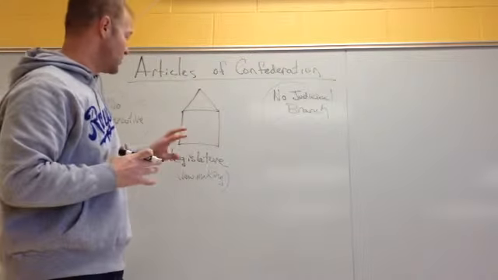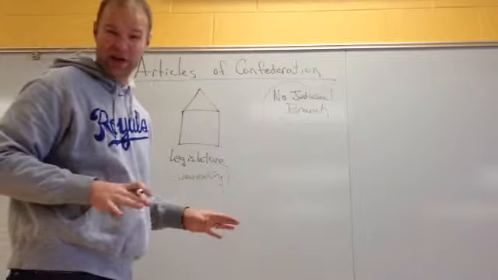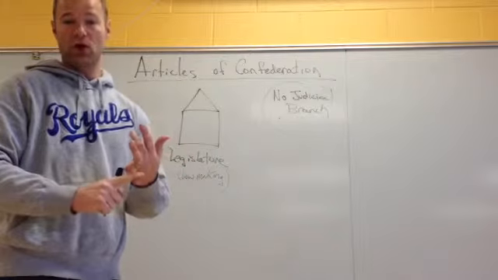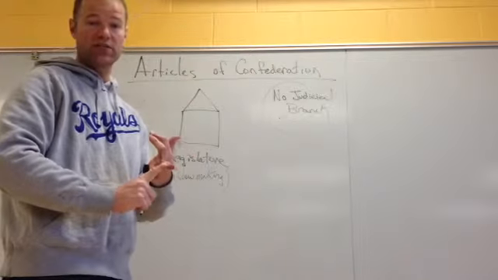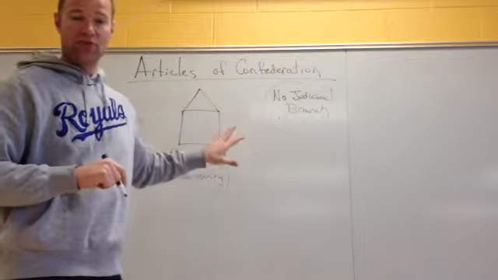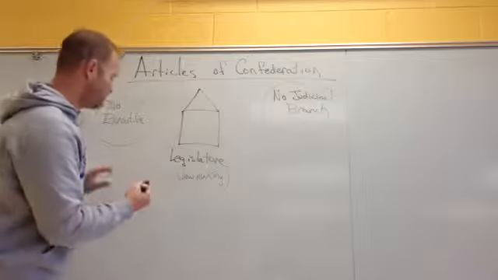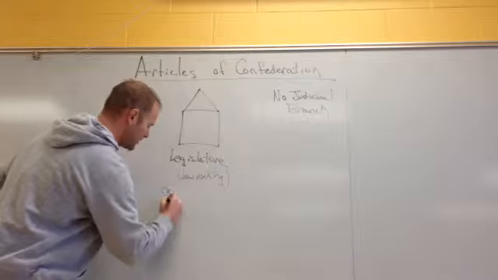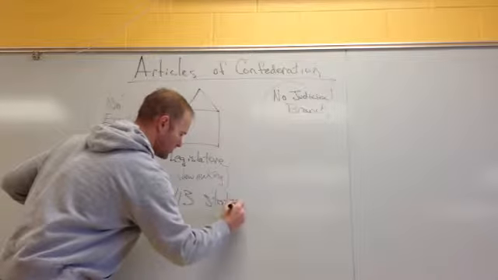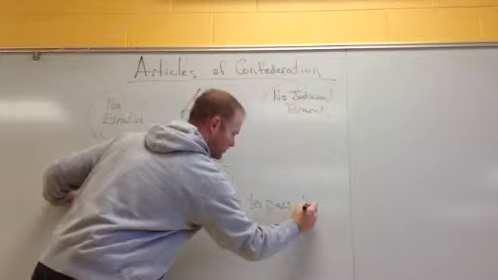It was 13 states which acted like independent countries, but they would come together for those issues: to coin and borrow money, maintain an armed service, to make laws, and those other things from the first video. In order to pass a law, you needed 9 of 13 states to pass a law.